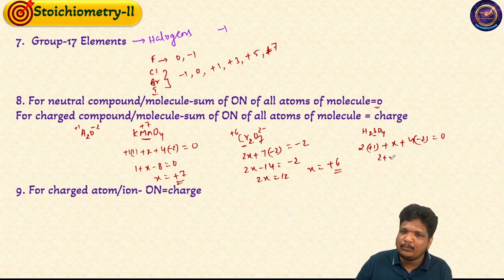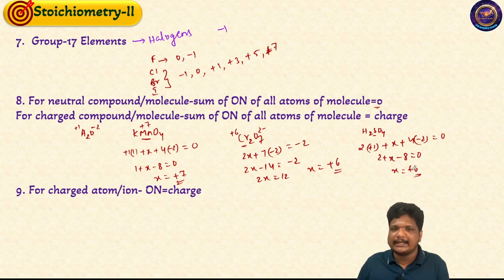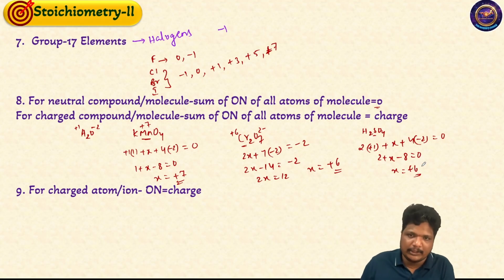So 2 plus x minus 8 is equal to 0, so x is equal to +6 oxidation state. That means the sulfur present in H2SO4 shows +6 oxidation state. In this way you can calculate the oxidation state of an element or atom present in a molecule or compound.